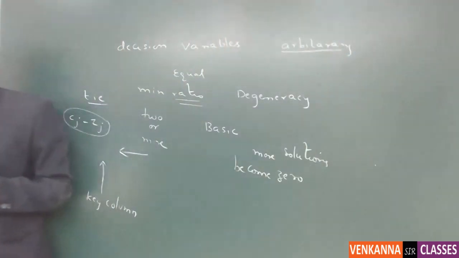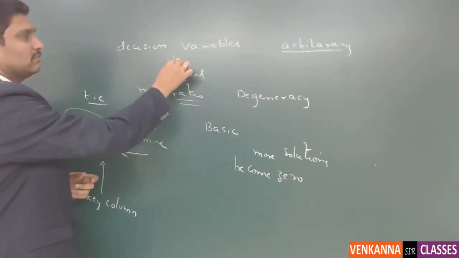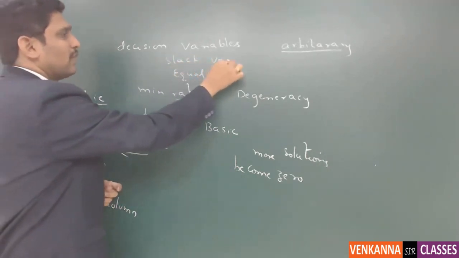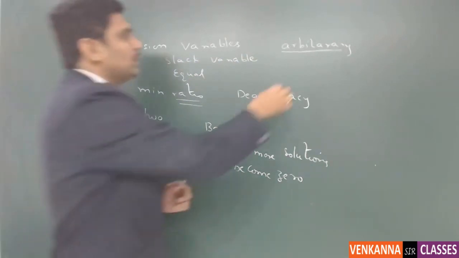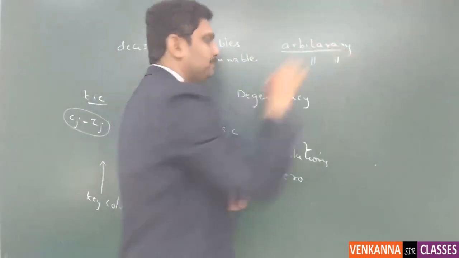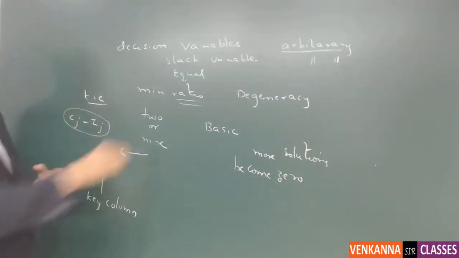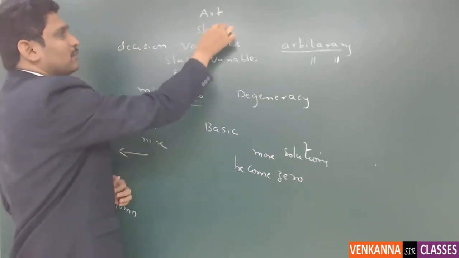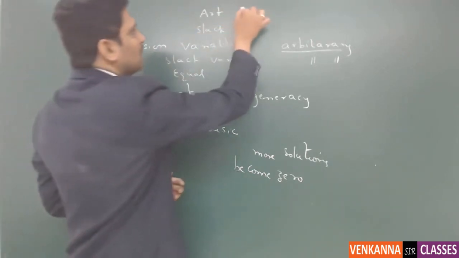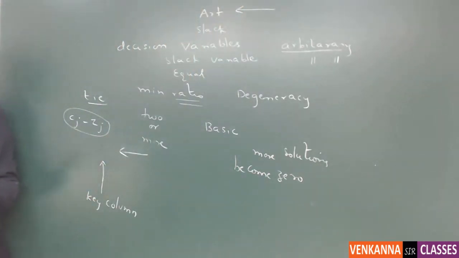Similarly, if the tie is between the slack variables s1, s2, then also we go arbitrary. And if the tie happens between an artificial variable and a slack variable, we go with the artificial variable. Clear?